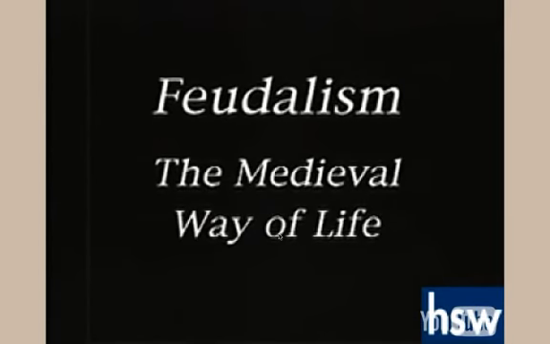The medieval way of life known as feudal was based on the ownership of land, and feudal social classes reflected how much land people owned. Royalty, like kings and queens, were in the highest class. After them came the noble lords such as dukes and earls.